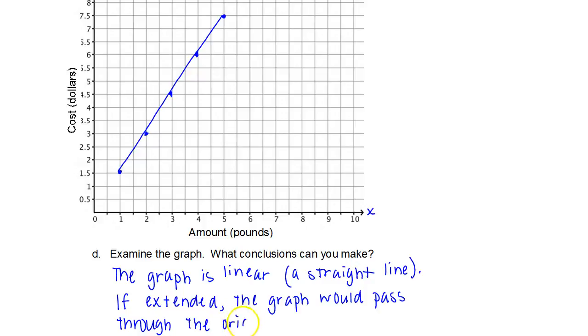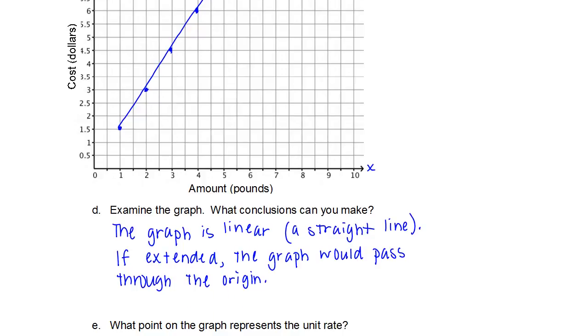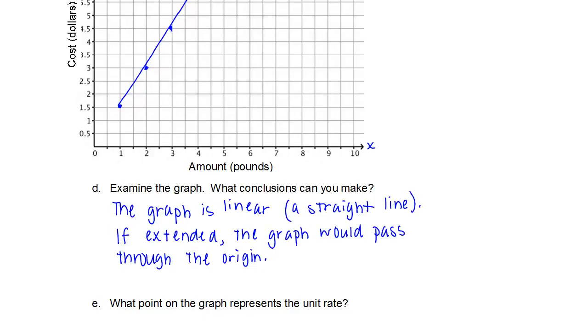Remember, that's the point (0, 0). And that will be very important when we continue 5.2b next week. So more on that, but for now we're just going to note that.